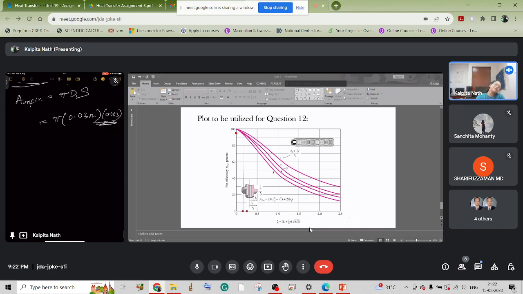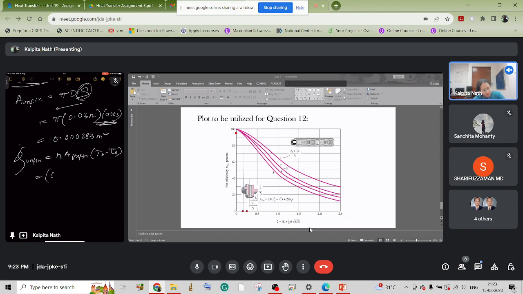We consider it a simple cylinder, pi d l, where l is the distance between the two fins. The area came out to be 0.000283 meter square, and the heat transfer for the unfinned region is h times A unfin times Tb minus T infinity.